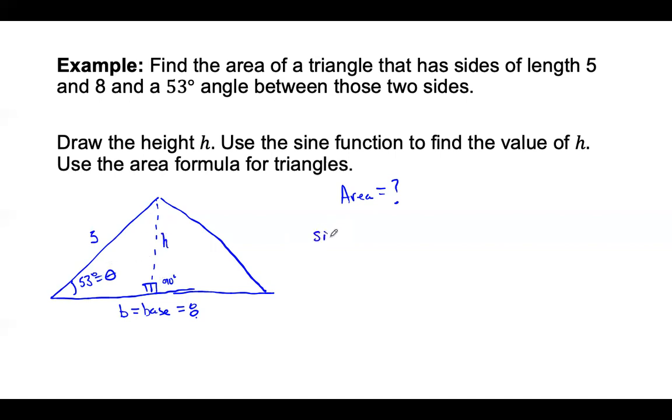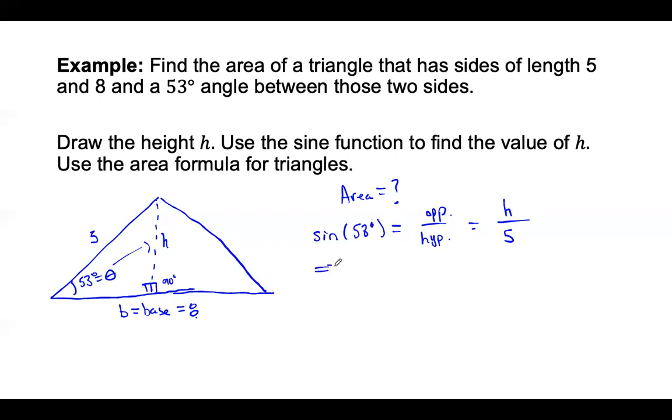So the sine of our angle, 53 degrees, is going to be opposite divided by our hypotenuse. So opposite is h, our height, divided by 5.